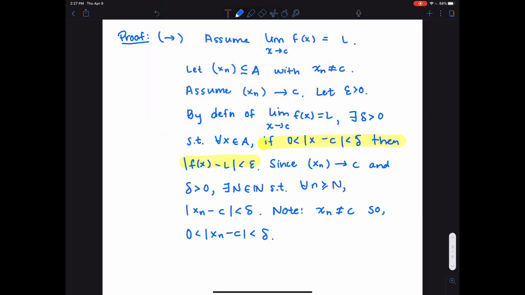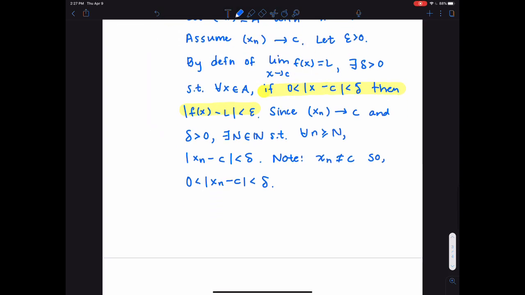So for this capital N, we know then that for all n greater than or equal to capital N, the absolute value of f of xn minus L has to be less than epsilon.